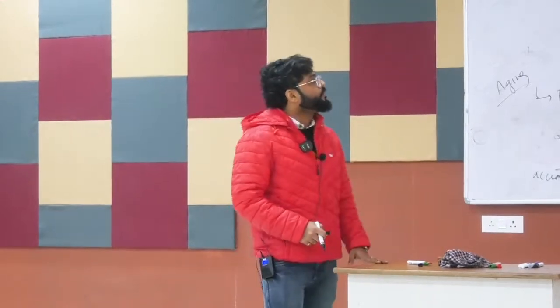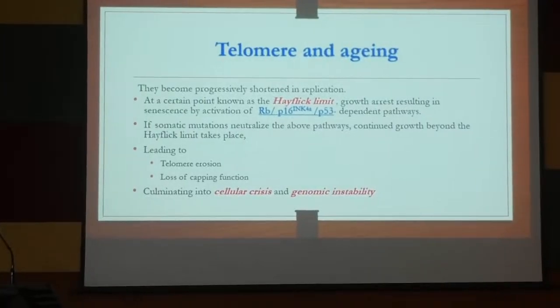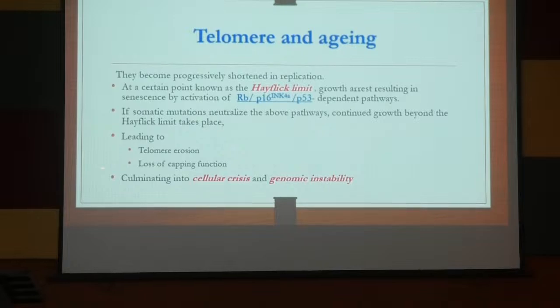So if this mechanism is inactive, মানে growth arrest is not going to happen, means the tumor suppressor gene is inactivated, the cell is going to replicate beyond that Hayflick limit, and there will be no process of stoppage of replication. The cell is going to replicate again and again and again. Unstoppable replication. That will cause the formation of tumor.